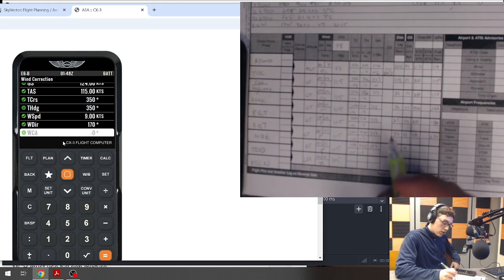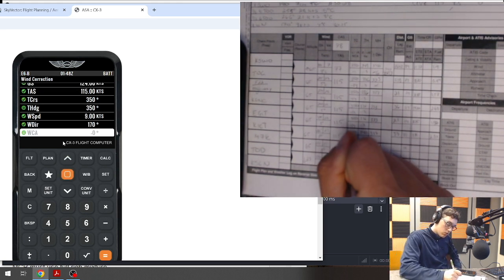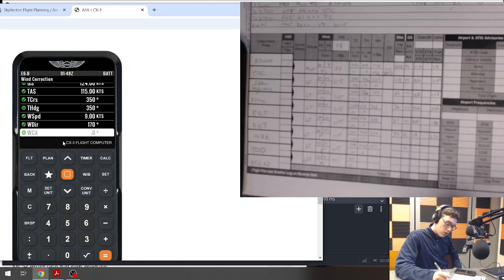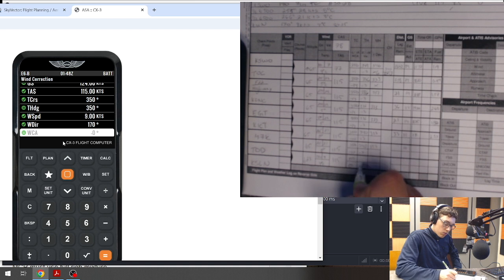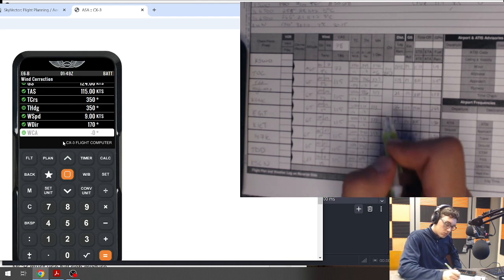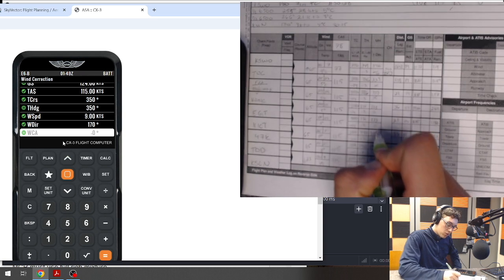Gives me a wind correction angle of 0. So 350, wind correction angle of 0. Put that in there in my bottom section. Minus 3 degrees east, so 350 stays. No change. Minus 3, which is a 347 magnetic heading. All right, we can't do this bottom portion here.